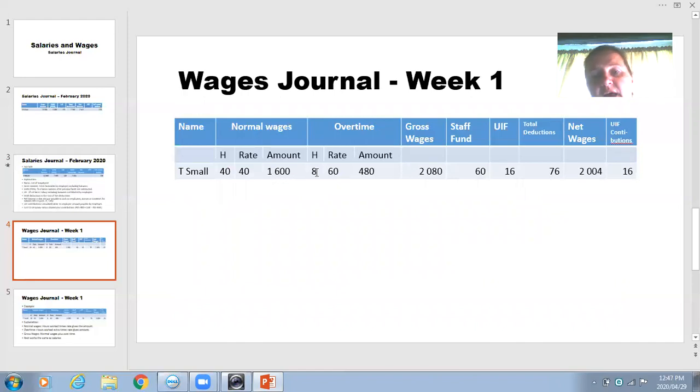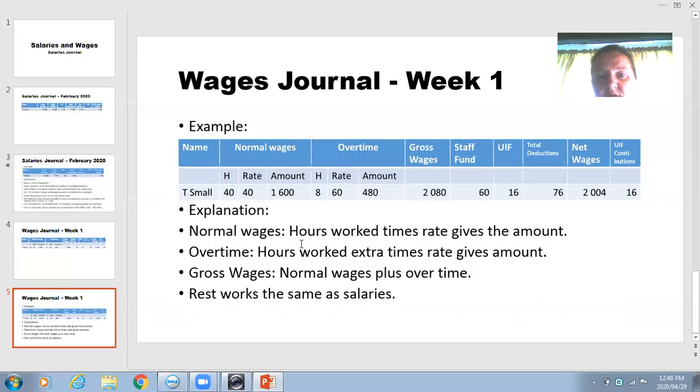If he worked 8 hours overtime, so in totality this person worked 48 hours, and he gets an hour and a half per overtime hour, so he gets 60 Rand per overtime hour. So in totality, he gets 480 Rand overtime. If I add the normal time to my overtime, I'm going to get a gross wage of 2,080 Rand. Okay, right. So normal hours plus overtime gives me my gross wage.